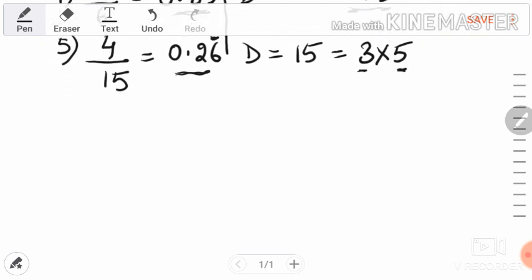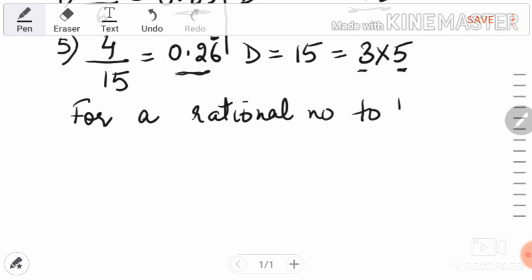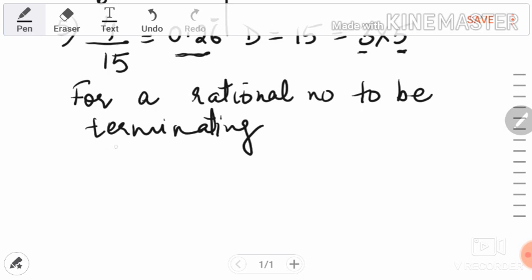So we can now generalize what we have found. For a rational number to be terminating, q, which is the denominator, should have factors either 2 or 5, or it can have both.